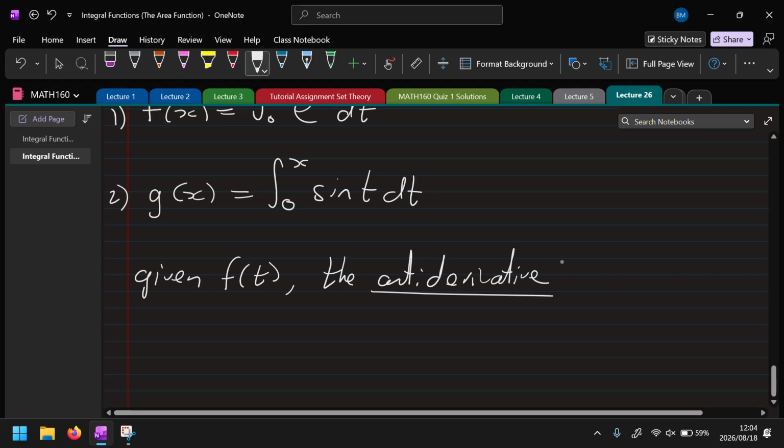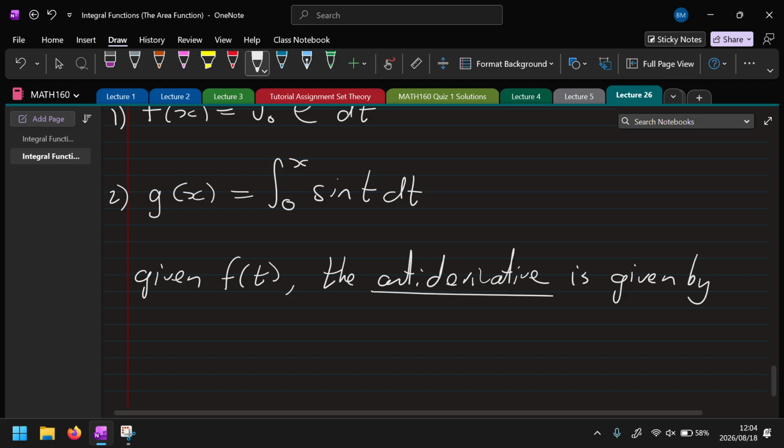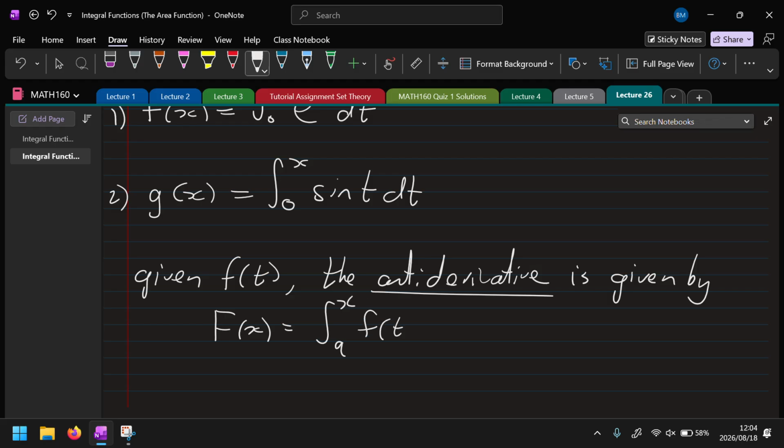So the antiderivative is given by capital F of x is the integral from little a, it doesn't have to be 0, little a to x, of f of t dt. So given any function little f, we can find the antiderivative this way.